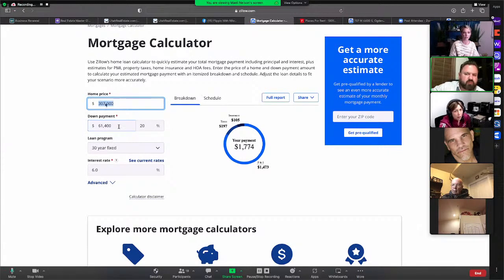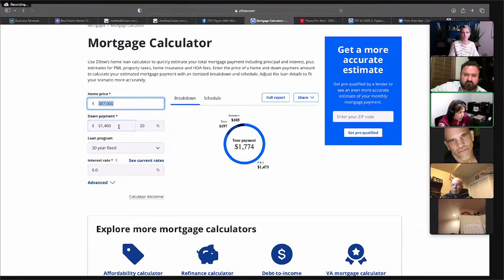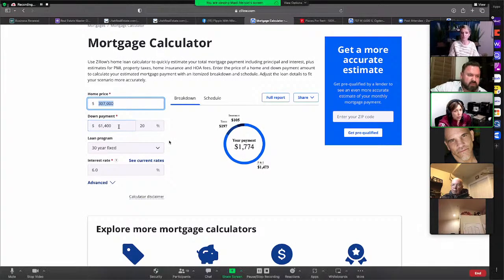Yeah, so you put the full purchase price in as home price, and then the down payment is subtracted from that by Zillow. So it's a calculator. It's already taking it into account, and then it's breaking it down as around that circle. Yes, that's correct.